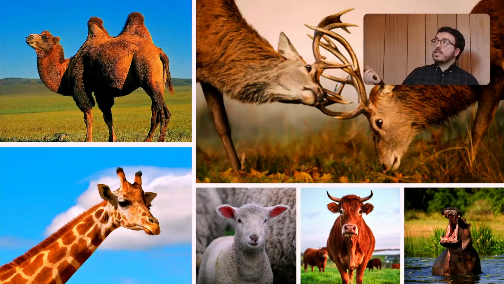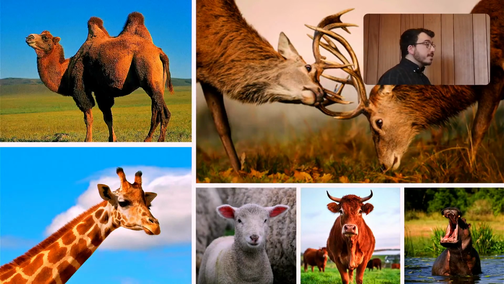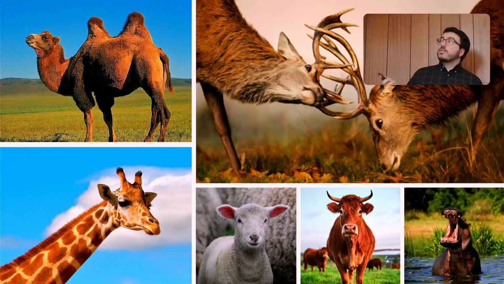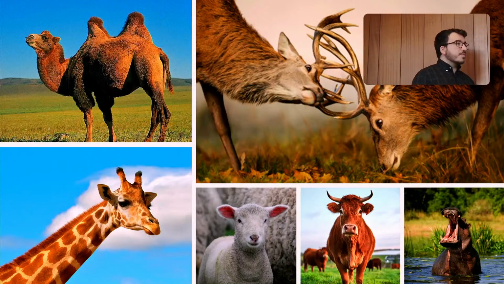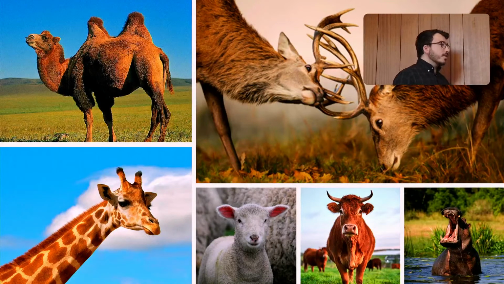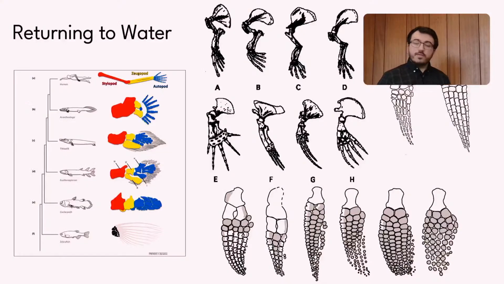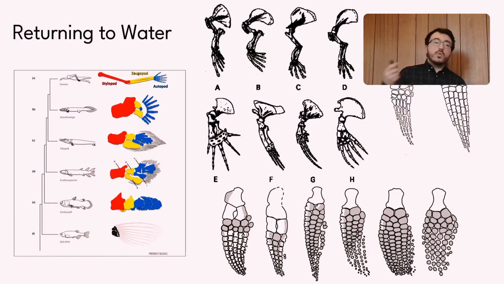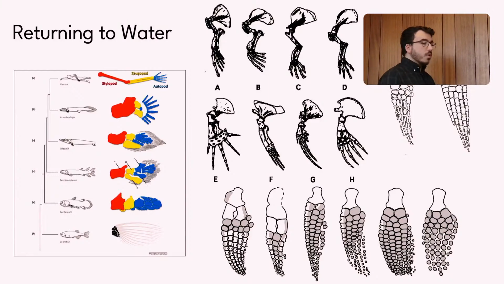So when we're looking at the fossil record, and we're looking for the ancestors of whales, we're going to be looking for something that looks a little bit like a deer, but also with some key features that we recognize in whales today. But before that, we're just going to have a little tangent onto how we know that something used to live on land and has gone back into the water.